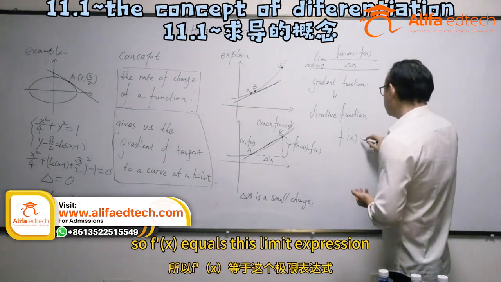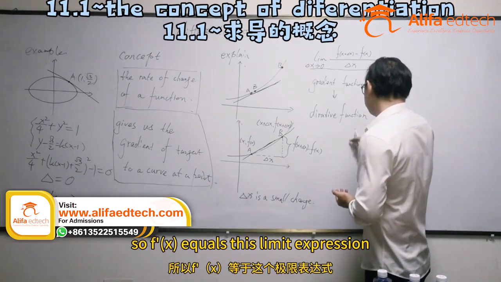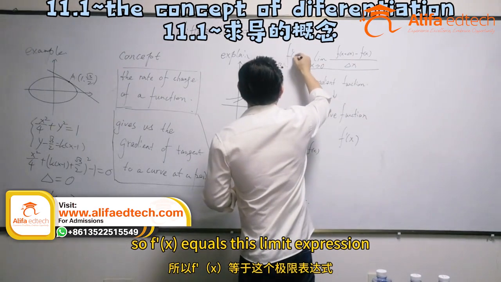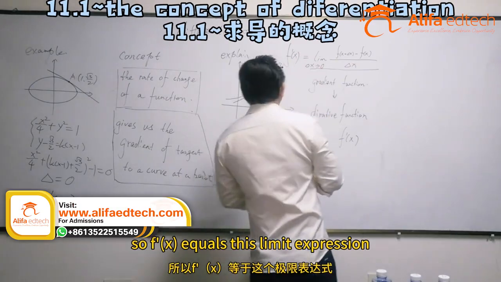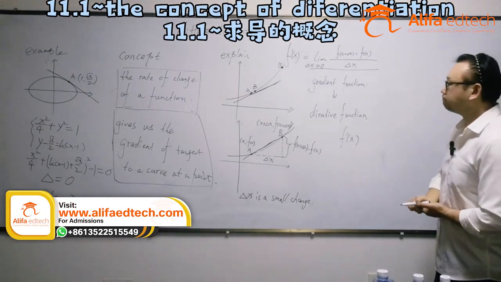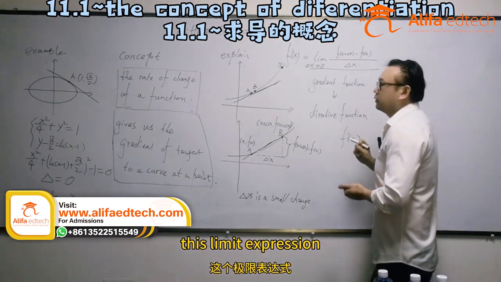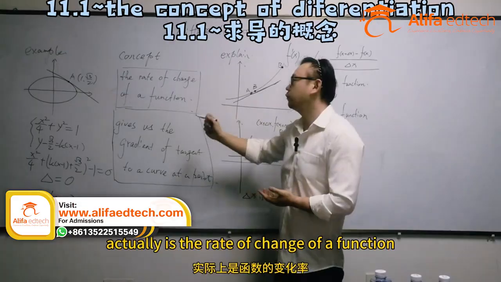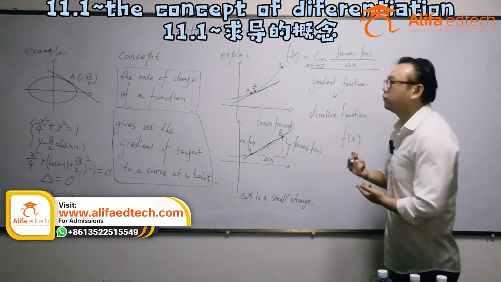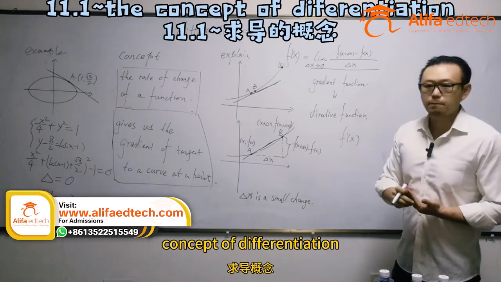So f prime x equals this limit expression. Actually, it's the rate of change of a function. So we find the concept of differentiation.